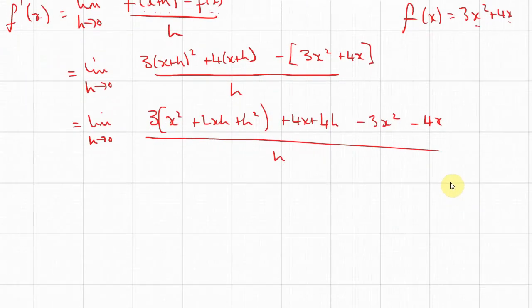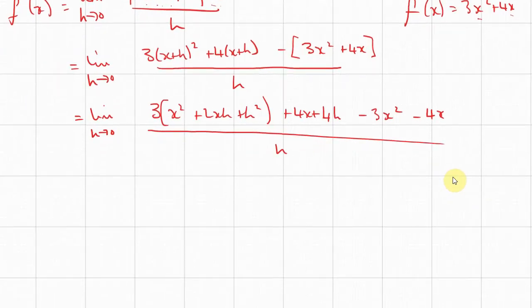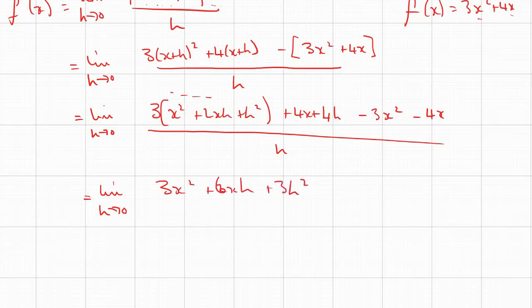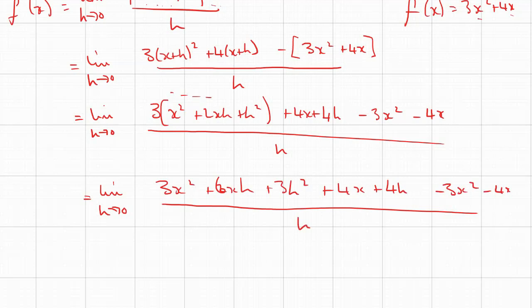Give ourselves a bit more room. Limit as h goes to 0. Let's expand this bracket now. So 3x squared plus 6xh plus 3h squared plus 4x plus 4h minus 3x squared minus 4x, all over h.